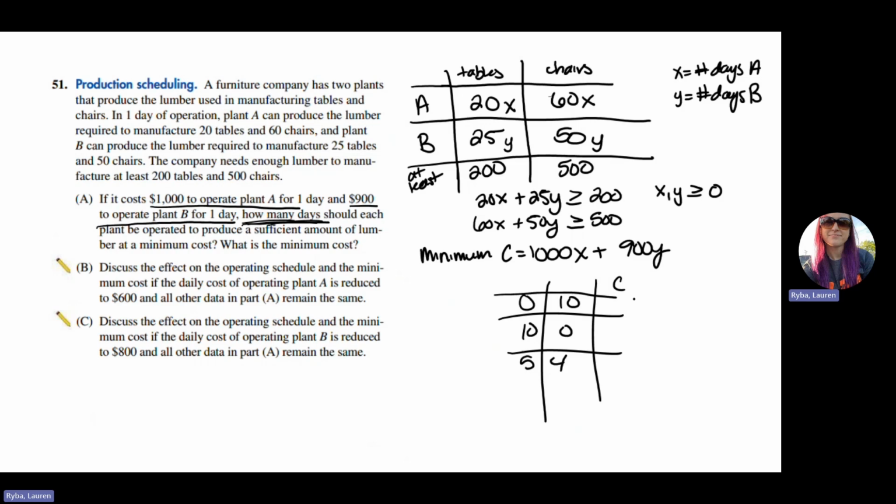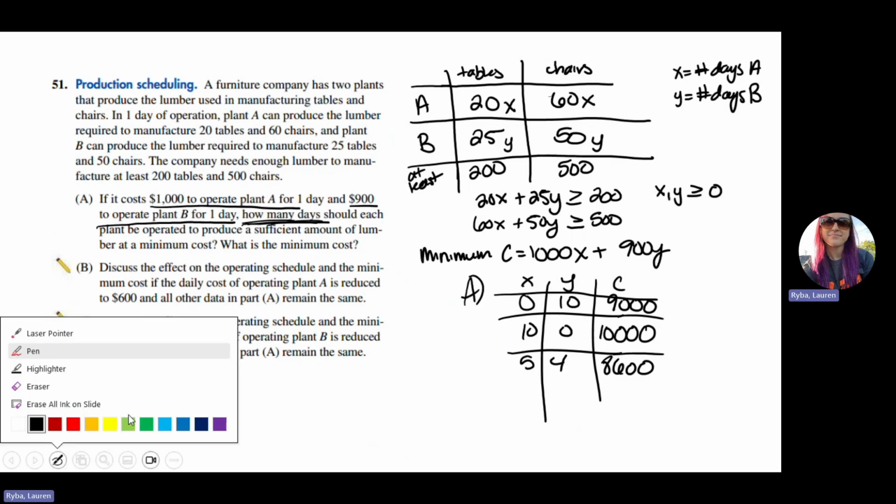And then I'm going to do my C function, X, Y, and then C because I have cost. If I plug in 10 for Y, it's going to give me $9,000 for the cost of that one. I plug in 10 for X, that's $10,000 there. Okay, it's going to be 5,000 plus 3,600, 8,600.